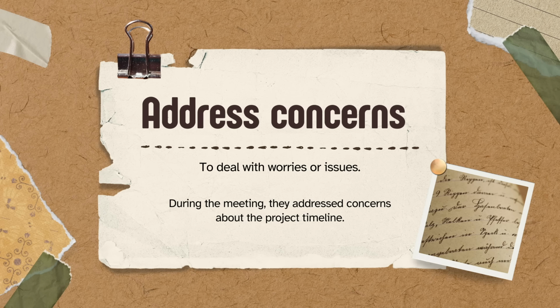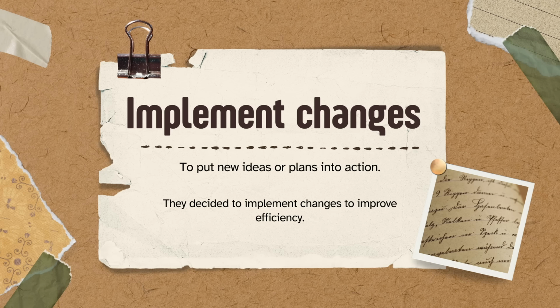They might have explained delays, clarified deadlines, or suggested ways to stay on schedule, helping the team feel more confident about completing the project. But they had concerns about finishing this project on time. So let's see if those were addressed accordingly. Let's move on to the next one.